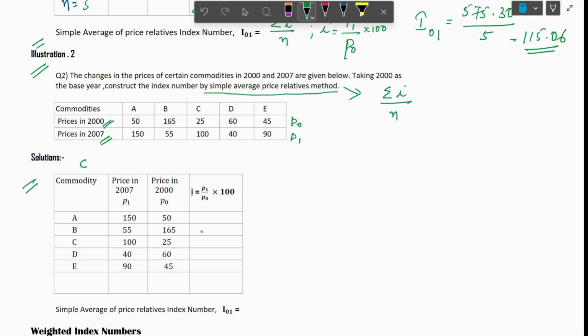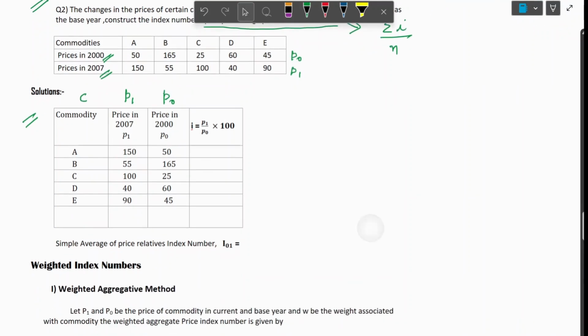Commodity, price in 2007, that means P1, and this is P0. I prefer this order. You can write it P0 and P1 also. But because here there are many different formulas for the construction of index number, just make a habit to follow in same order, then you never forget. Okay. Therefore, C, P1 and P0.